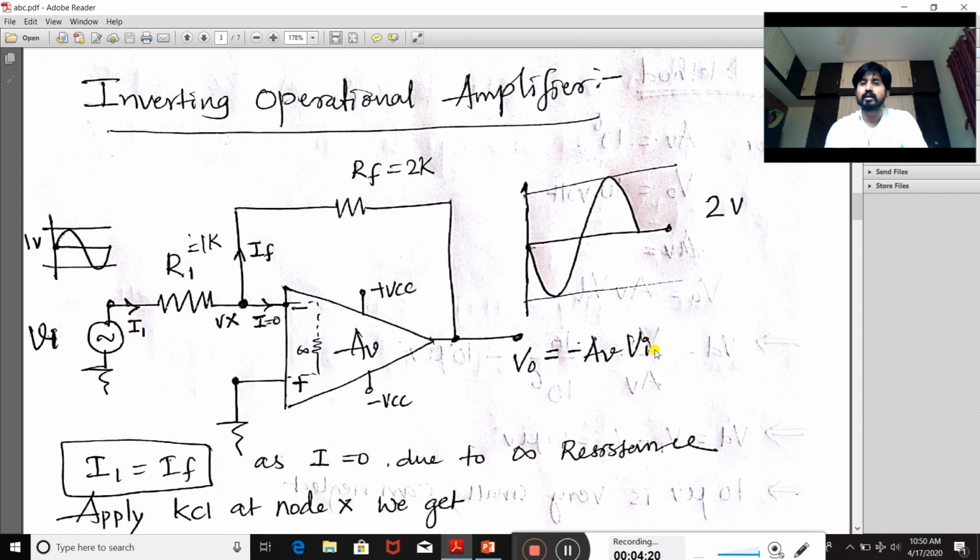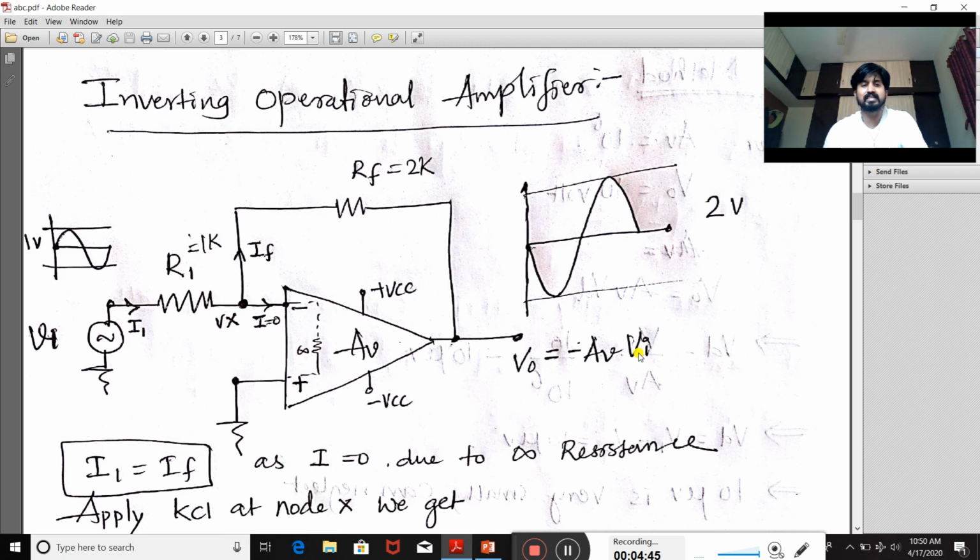Vd is what? It is nothing but V positive minus V negative. V positive value is 0 because of ground. 0 minus Vi is nothing but minus Vi. Minus Vi into AV is minus AV into Vi.